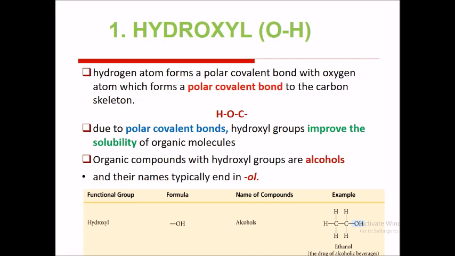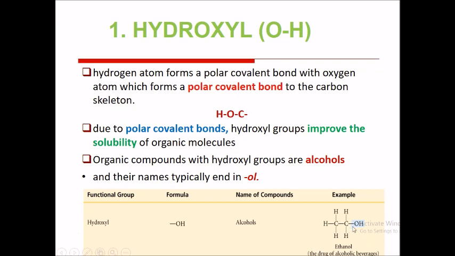The first one is the hydroxyl group. In the hydroxyl group, as you can see here, the hydrogen atom forms a polar covalent bond, meaning they share the electron unequally, with the oxygen atom, and the oxygen also forms a polar covalent bond to the carbon backbone.